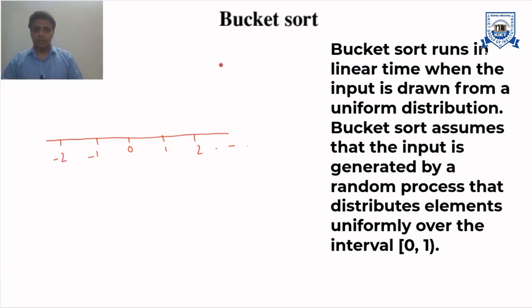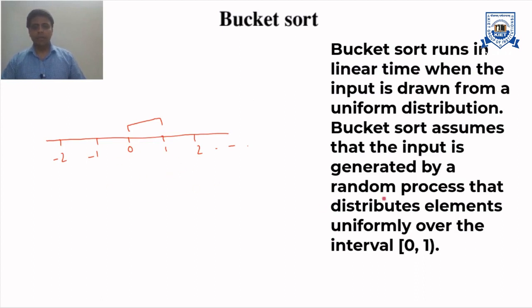Bucket sort assumes that all of your data is inside the range from 0 to 1, where 1 is open, meaning 1 is not included in your list. So all the numbers including 0 and all the values greater than 0 but less than 1, so bucket sort considers all of your data to reside only in this range, all non-negative numbers less than 1.